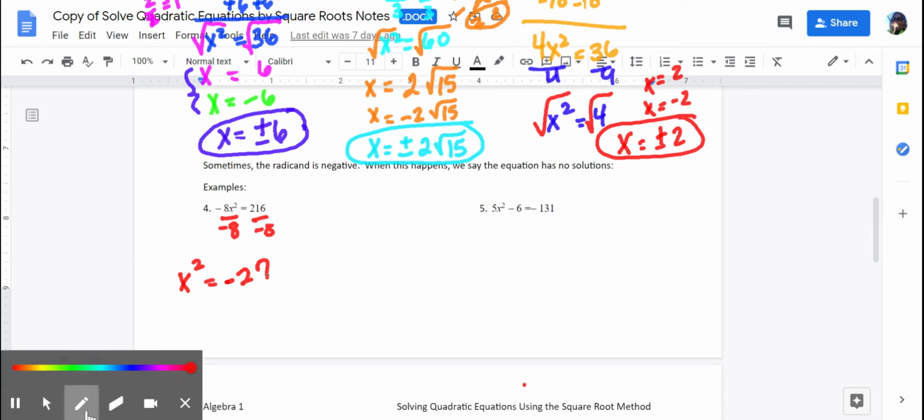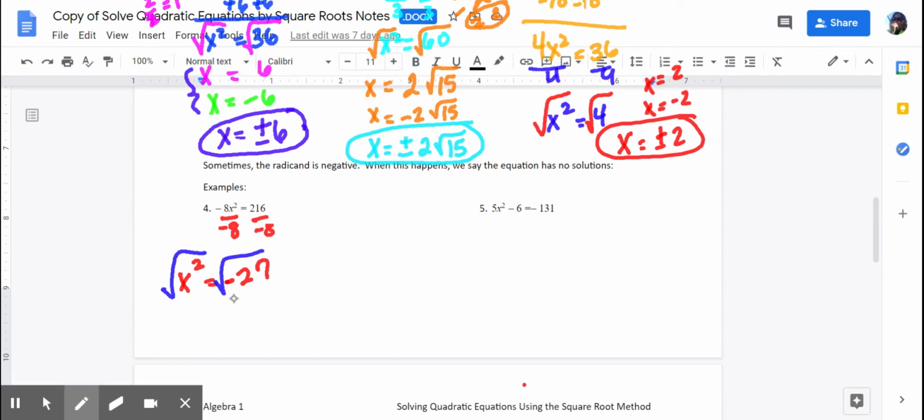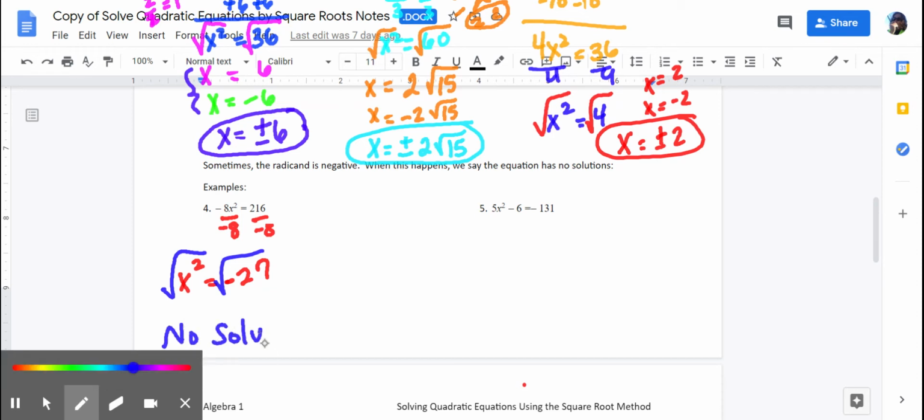And so we still want to get rid of our x squared. We do that by taking the square root of each side. But notice that I have this negative inside of my radical, and if I were to type into the calculator the square root of negative 27, it's going to give me domain error. And when it says domain error, we know that there are no solutions.